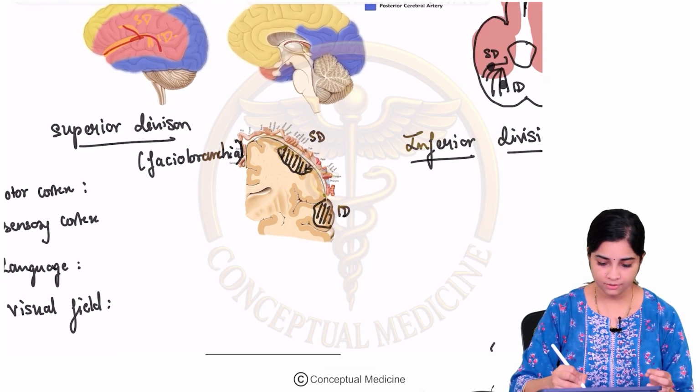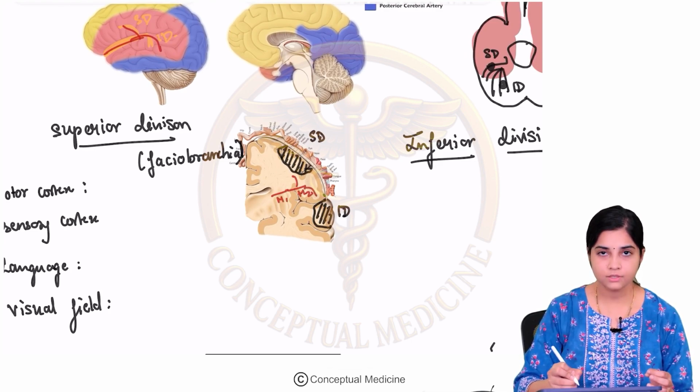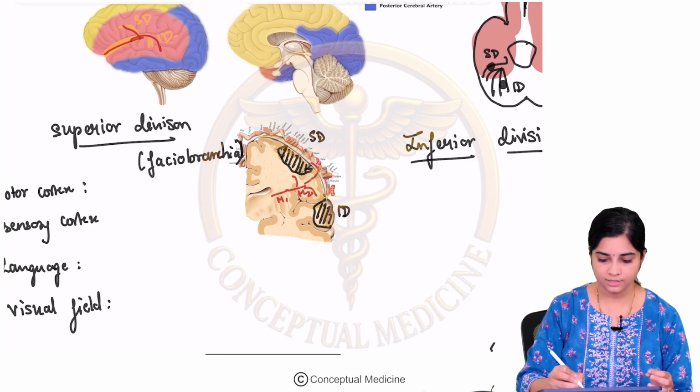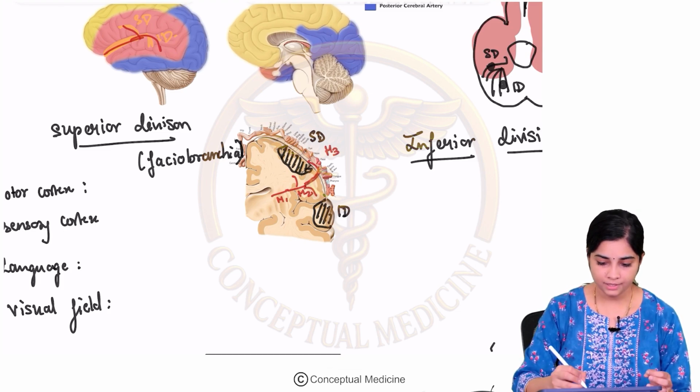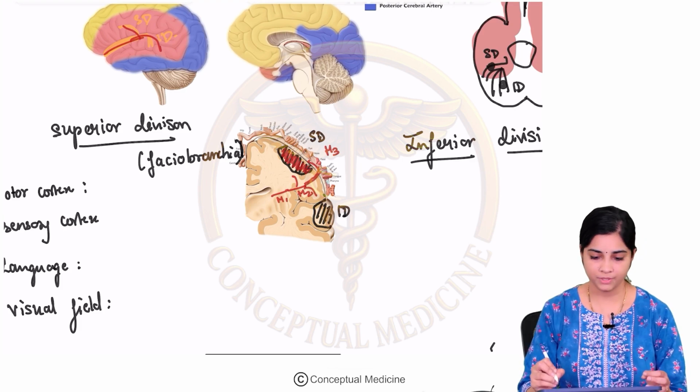So you have your M1, you have your M2, this is your superior division, this is your inferior division, then it continues as your M3 in the operculum, correct? Fine. So in the superior division, this area is affected.